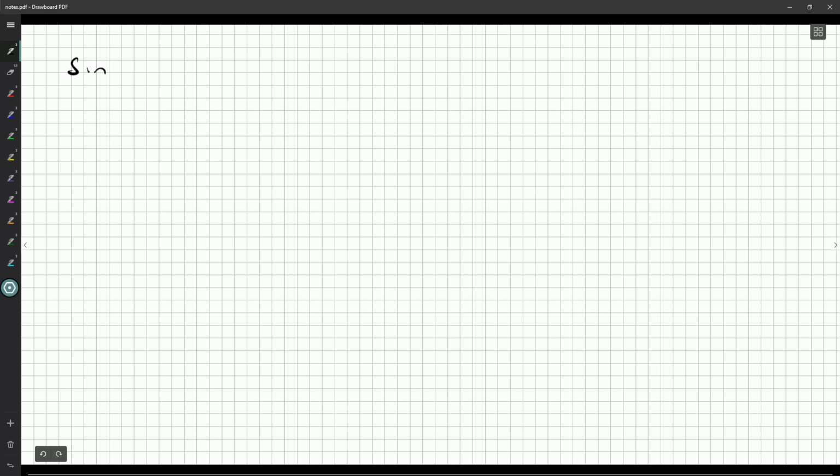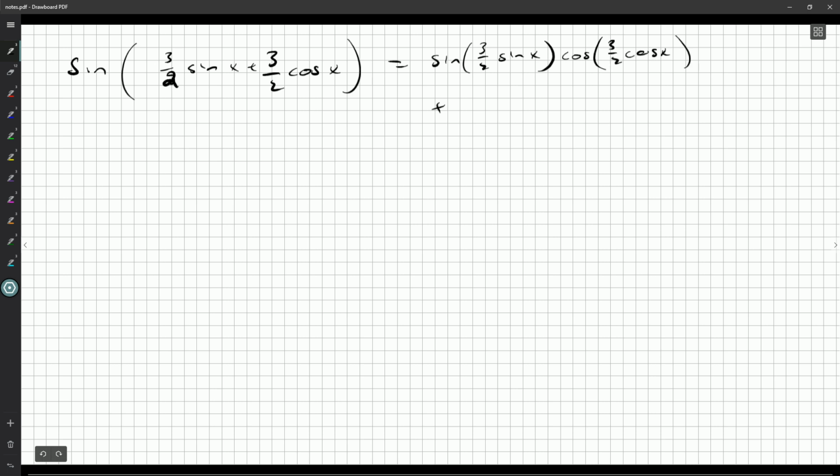Now, what if I wanted sine of 3 halves sine x plus 3 halves cos x? Maybe I need to start with a bigger expression. So this would be sine 3 halves sine x cos 3 halves cos x, plus sine 3 halves cos x cos 3 halves sine x.